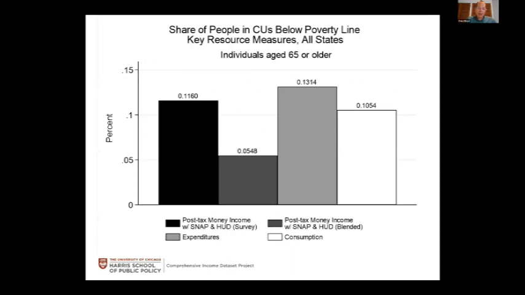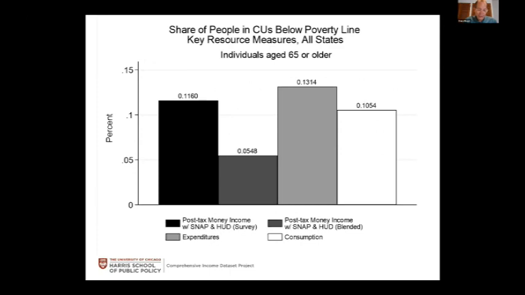So here are the poverty rates from our 4 resource measures. Survey-based income poverty, and this is for the period 2014 to 2016. Because of our data requirements, we pool years to get reasonably big samples.